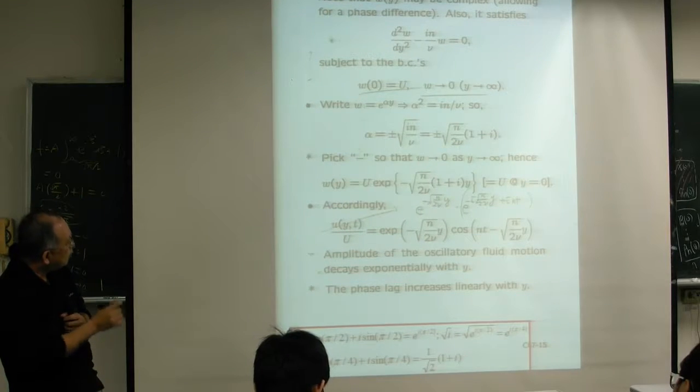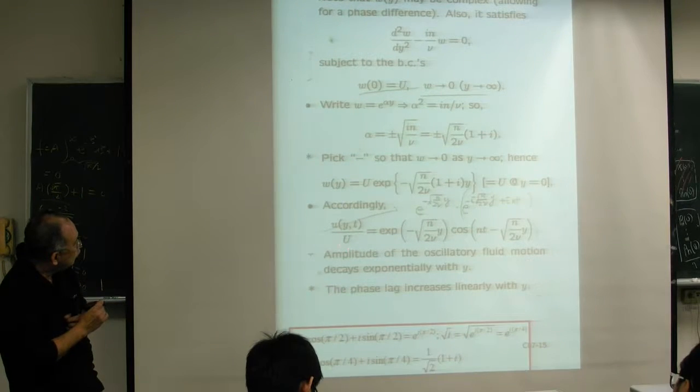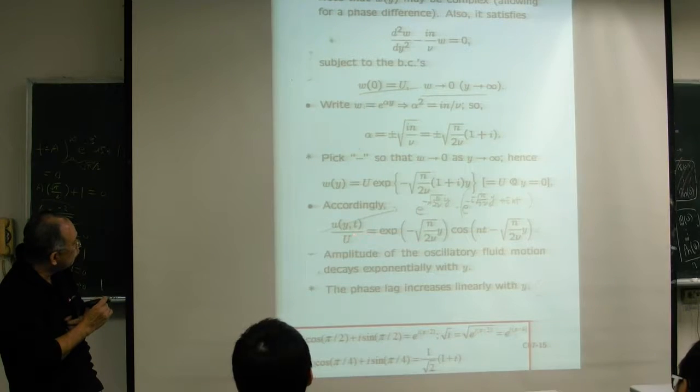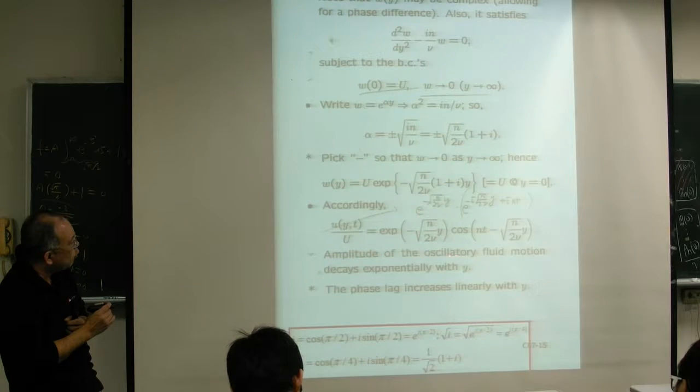So we have U times this, which is our amplitude, because this is the time domain and this is only a function of y. So U times this gives you the amplitude. The amplitude will oscillate and also decay exponentially with y.